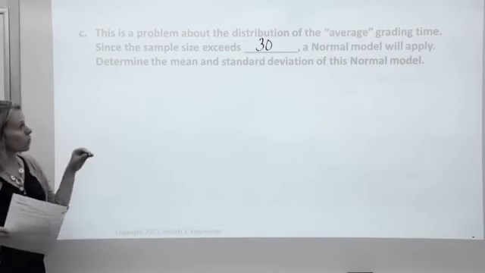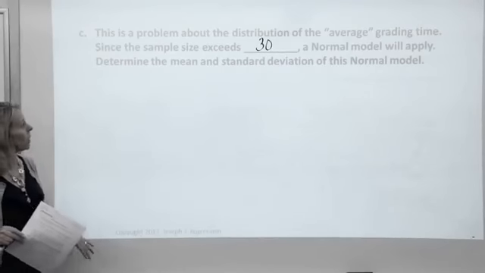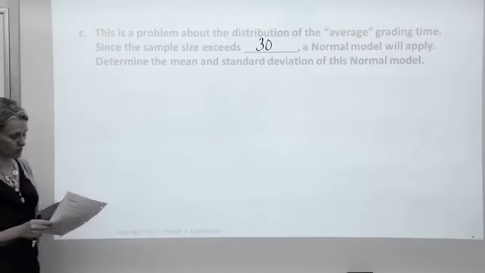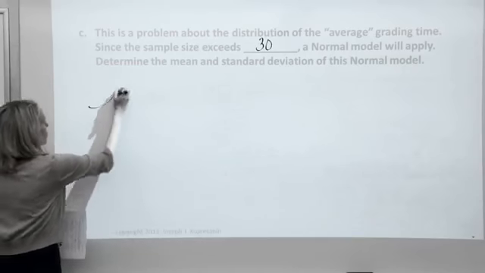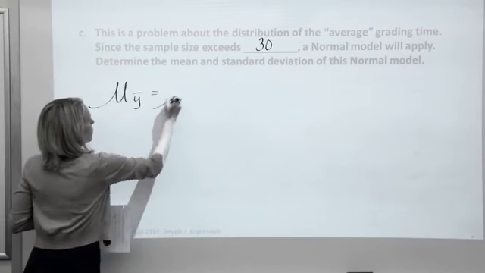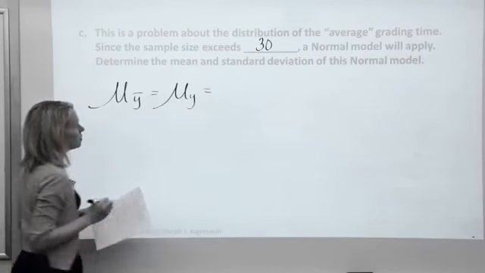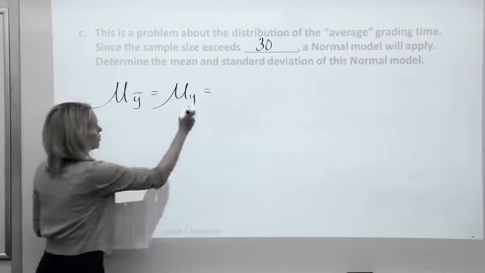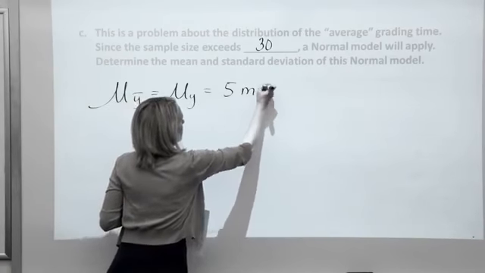Since we're going to use the normal model for average grading time, we need the mean and the standard deviation to do that. So the mean will be the same as the mean of the population, or 5 minutes.